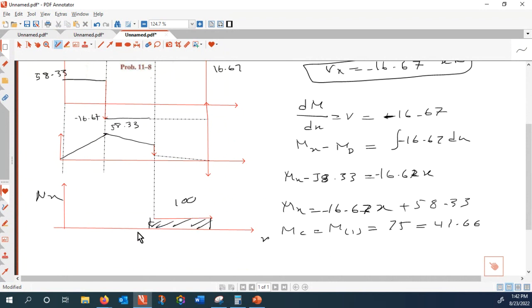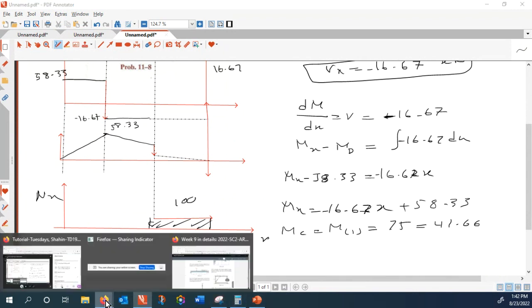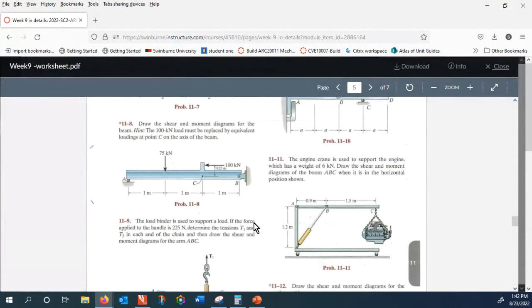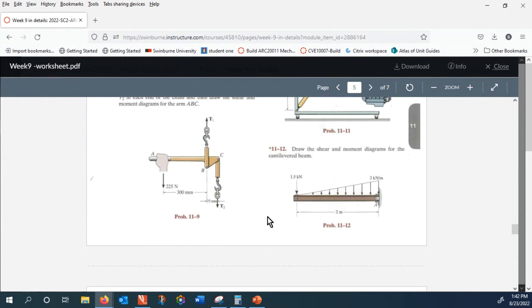So that is the only non-zero value. All right, I think this is a good problem. Not too many zones, but still it has one shear discontinuity at this end.